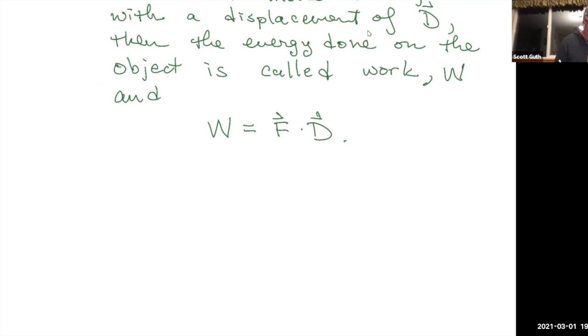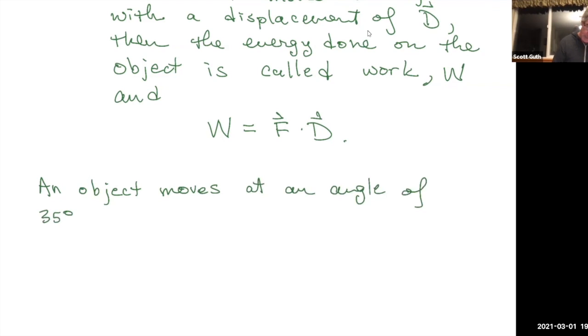So let's say an object moves at an angle of elevation, let's say an angle of 35 degrees up from horizontal, for a distance of, let's say, 5 meters.